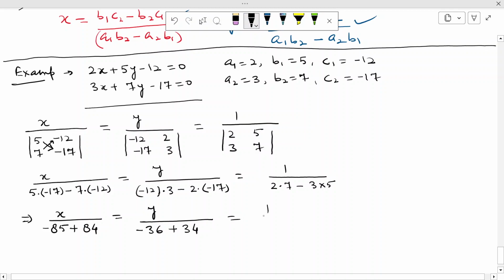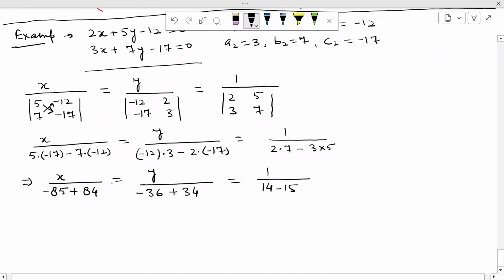And on the right hand side we are having 14 minus 15. So again you are left with only x over minus 1 is equals to y over minus 2 is equals to 1 over minus 1.